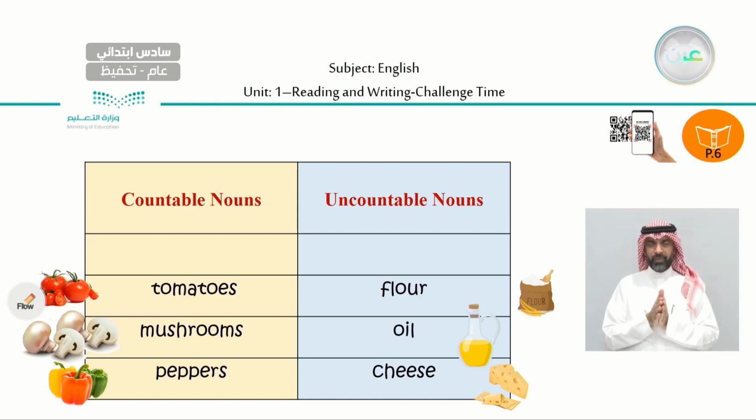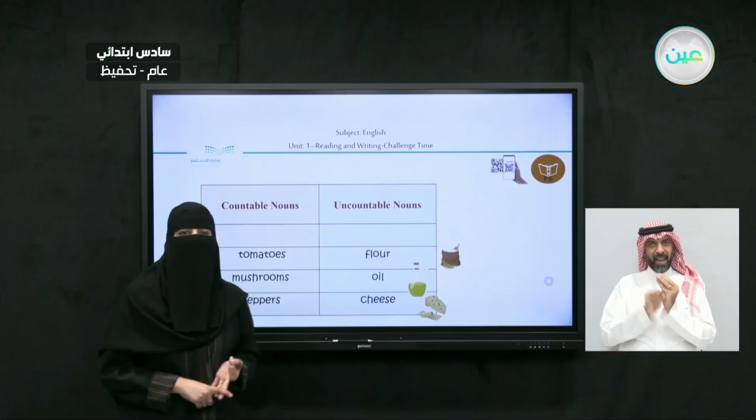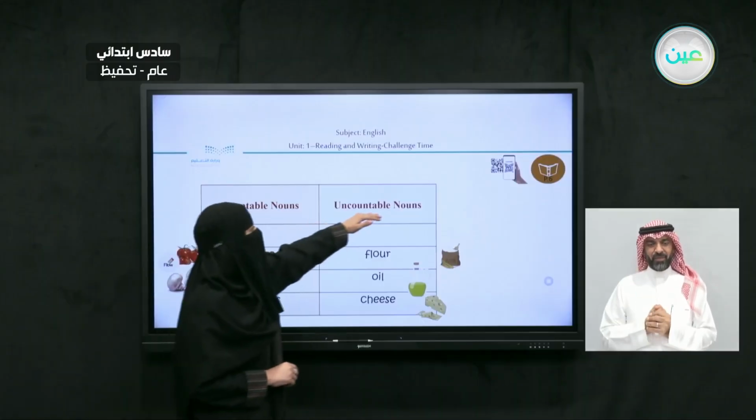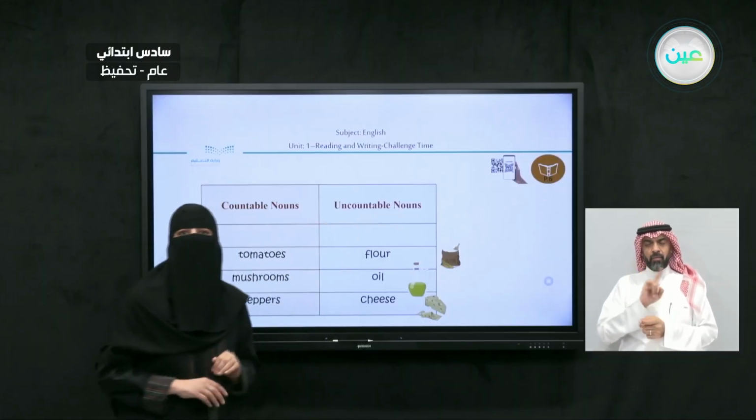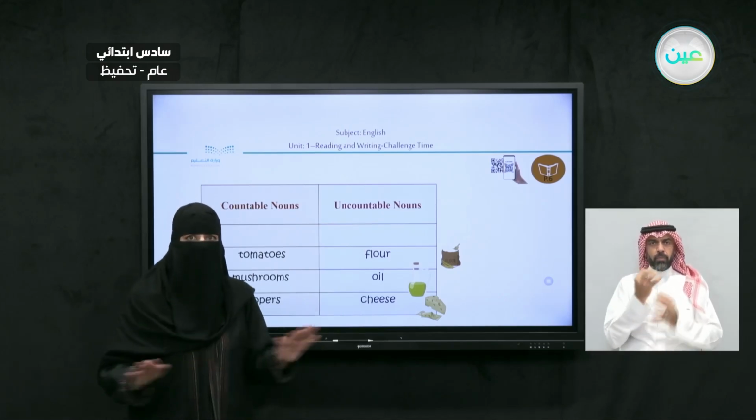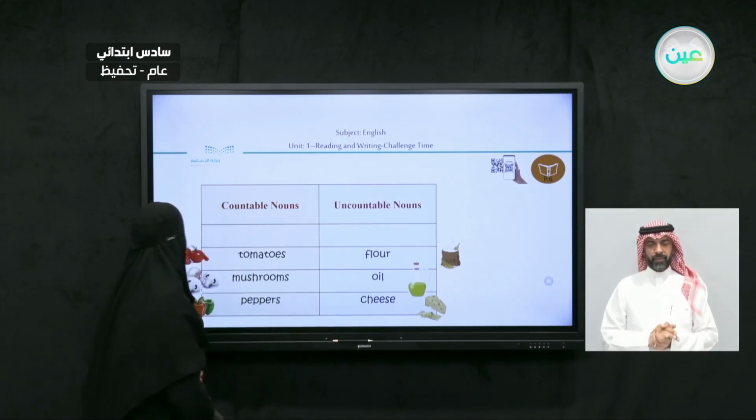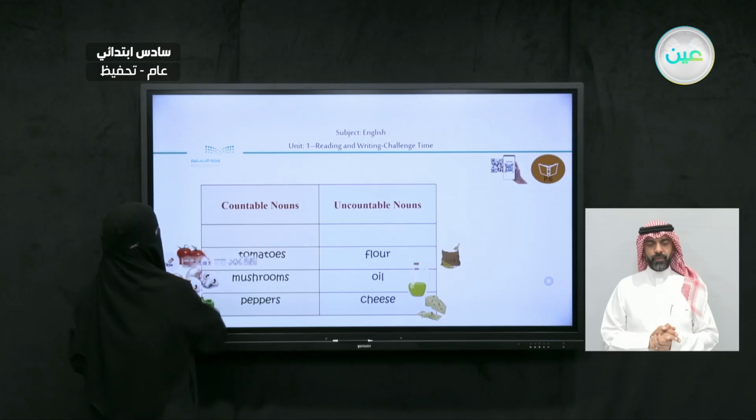So look at the board, please. Okay? So here we have countable nouns and uncountable nouns. Okay? Countable nouns like bananas. We can count 1, 2, and 3 bananas. But uncountable nouns, that means we cannot count. It's not easy, okay? So I will do it like this.